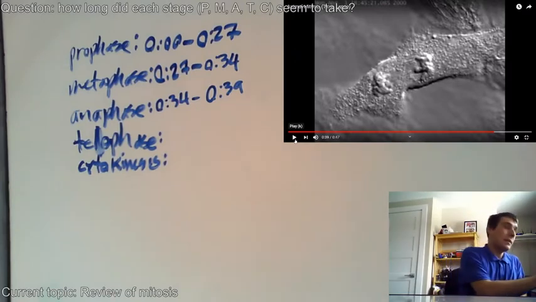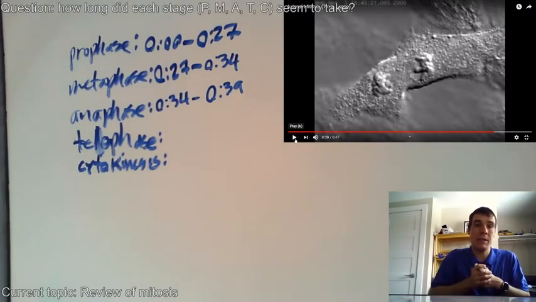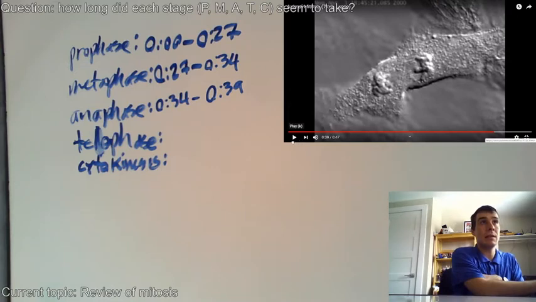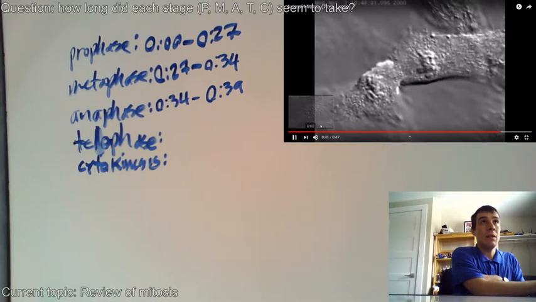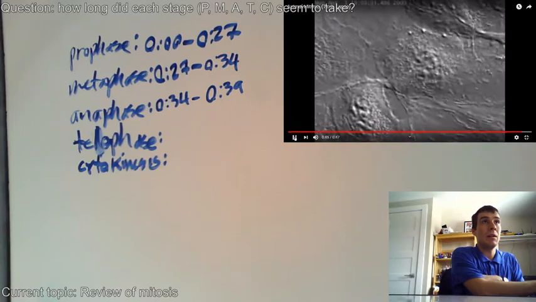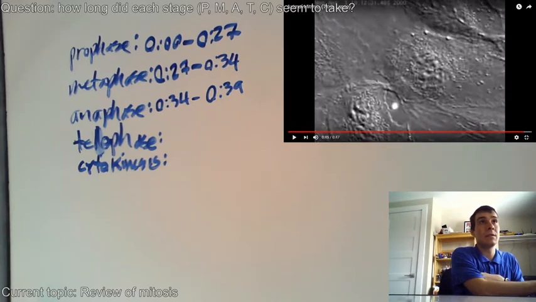And then telophase. Telophase is when they're actually going to go back into chromatin, back into spaghetti instead of chromosomes. Cytokinesis is just going to be the membrane pinching in. So let's see how long that takes. You can already see the membrane pinching in there. And they're done, right? There's just this little tiny bridge there. But they're already dissolving back into their chromatin pieces.